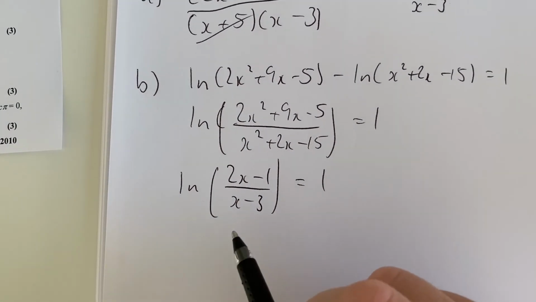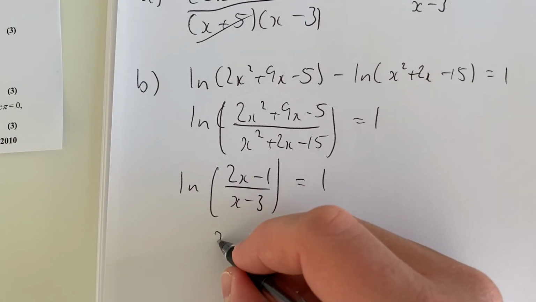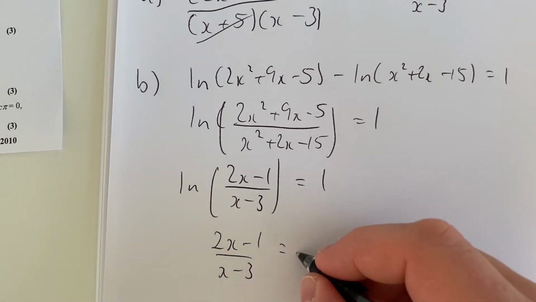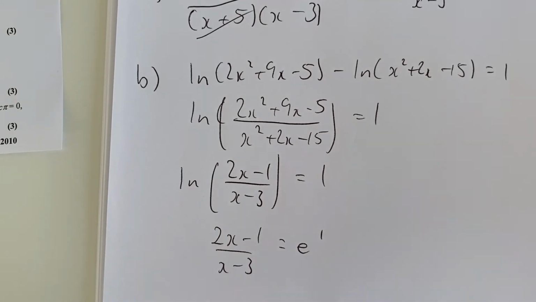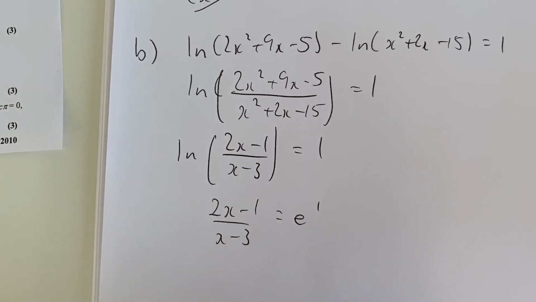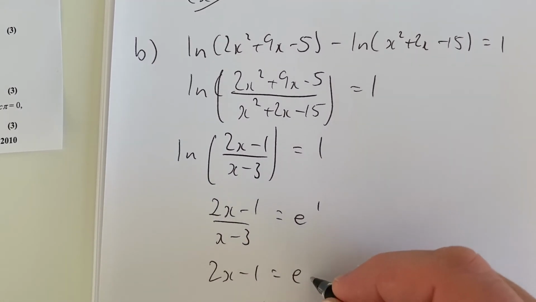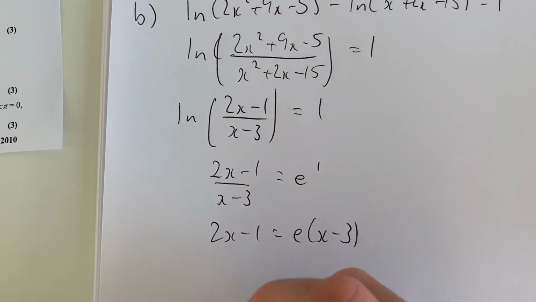So then, if we want to get rid of a log and get the x's, then the best thing you can do is raise both sides to the power of e. So you would have e to the 1 equals this side. So if we're trying to get x by itself, then multiply through by the x minus 3 and expand it.